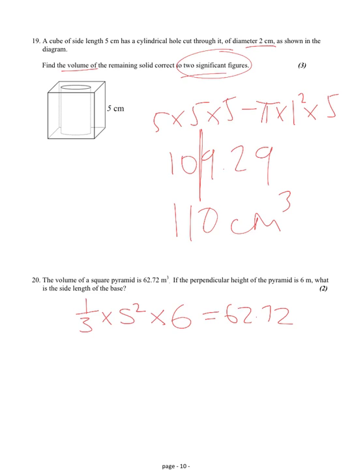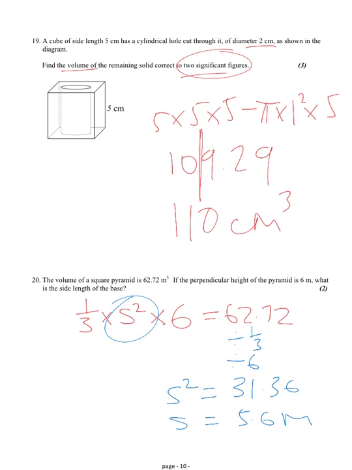Okay, so we need to isolate s squared. To get rid of times by a third, we're going to divide by a third. To get rid of times by 6, we divide by 6, and we get s squared equals 31.36. Square root, because we only want s, and we get 5.6 metres.